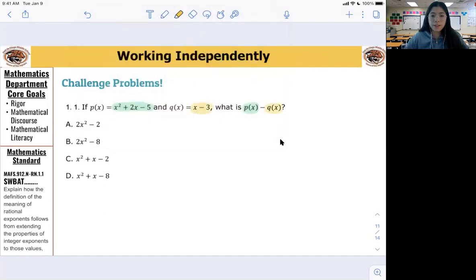I want you to subtract these two. So I have x squared plus 2x minus 5 minus x minus 3. So take these last 5 minutes, put your answer in the poll, and we'll go over it real quick, and then we'll be done for today.